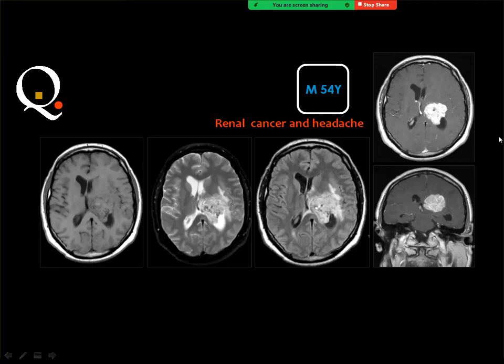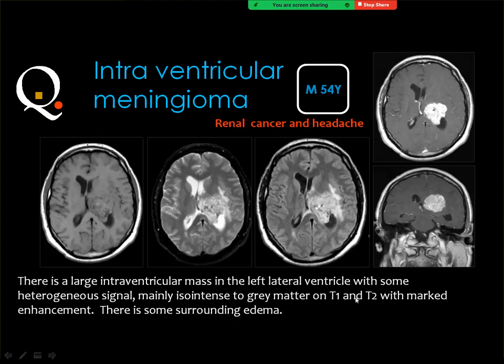Then you may diagnose that this is a metastatic deposit to the choroid plexus, and you may think that this is an intraventricular meningioma with metastasis inside. This can be seen in clinical practice, but usually in the presence of a primary malignancy, we try to relate the findings to the primary lesion.